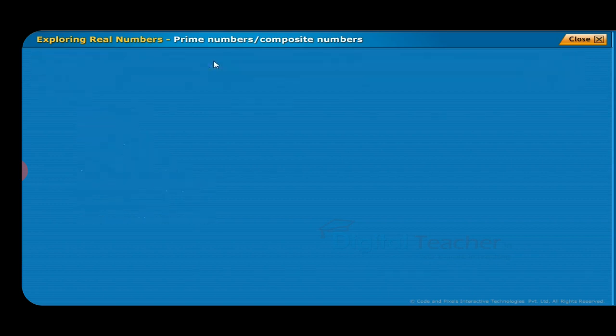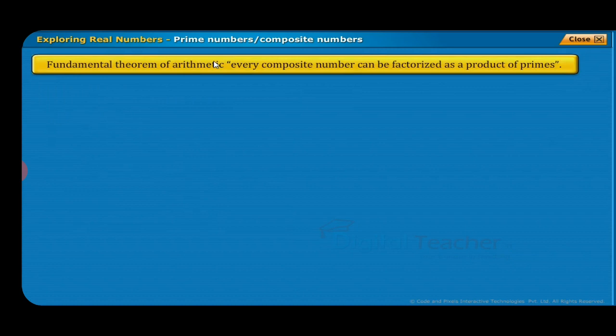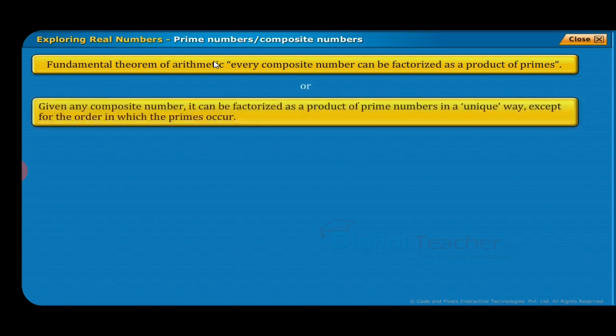The following gives us the fundamental theorem of arithmetic that tells every composite number can be factorized as a product of primes. Or, given any composite number, it can be factorized as a product of prime numbers in a unique way, except for the order in which the primes occur. Take an example for this.